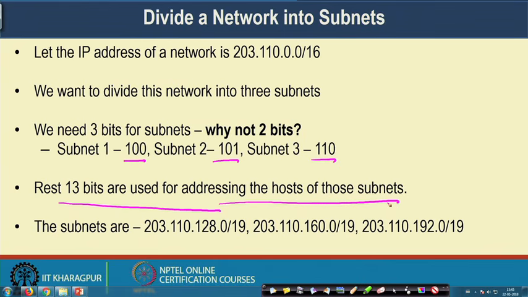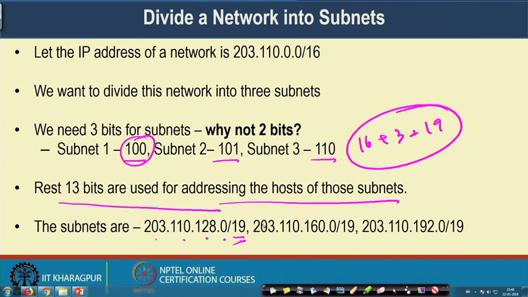So, if you are using 100 as the subnet IP, the subnet becomes 203.110.128.0/19. That is the subnet mask, because we are taking 3 bits from the host address to denote the subnet, so the mask becomes 16 plus 3, which is 19.